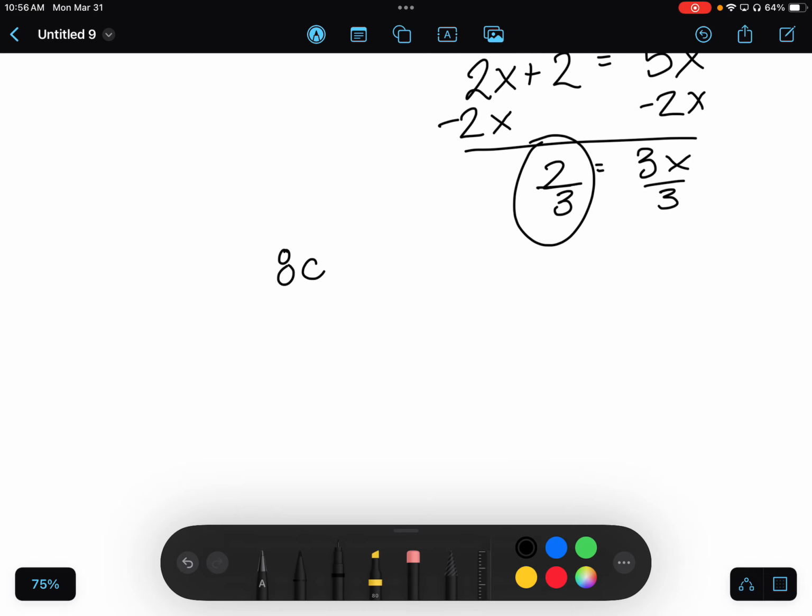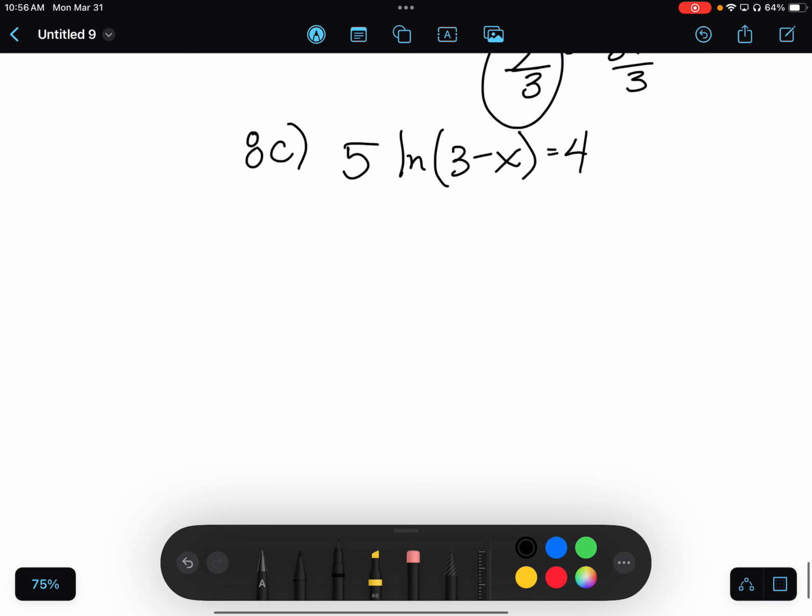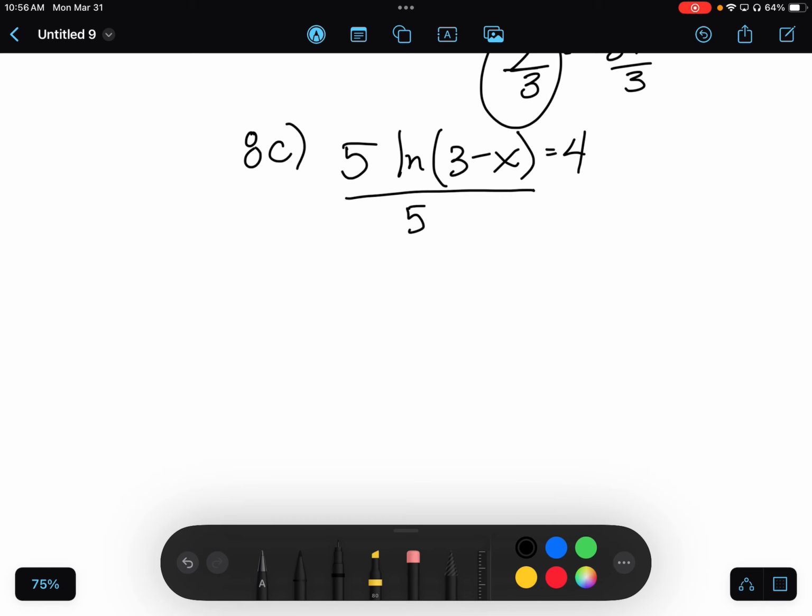8c. 5 natural log of 3 minus x equals 4. So first thing you want to do, get rid of any adding and subtracting on the outside, which there wasn't. Then you get rid of any multiplying or dividing second, which there is. So you divide both sides by 5. So I get the natural log of 3 minus x equals 4/5.